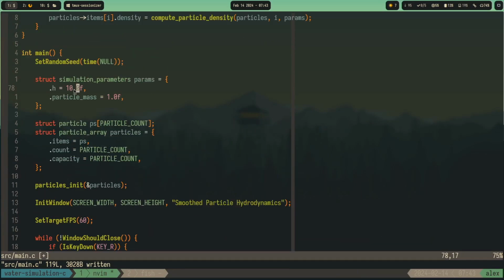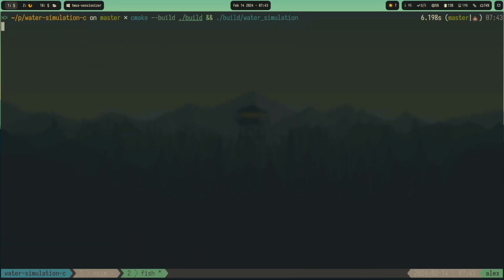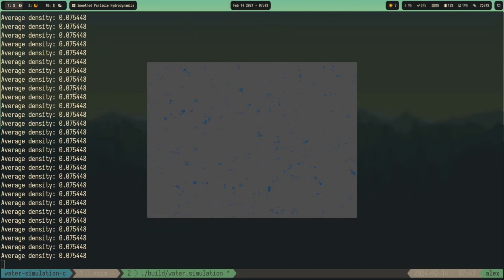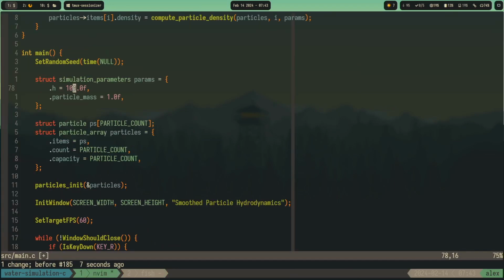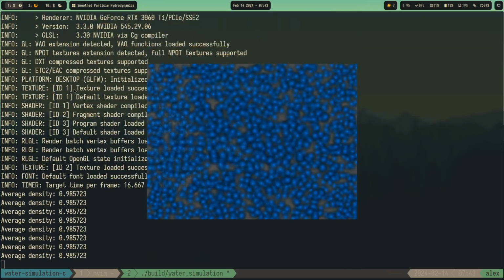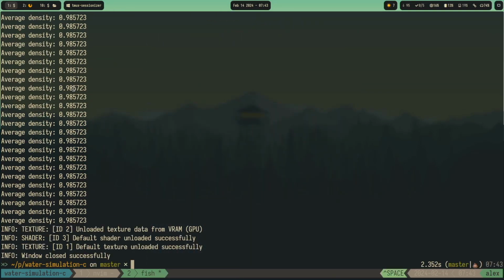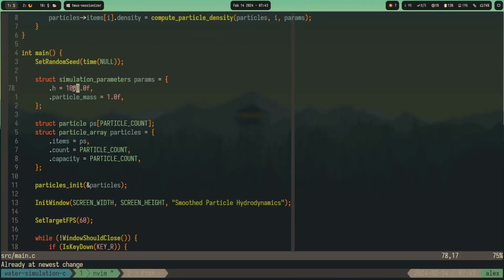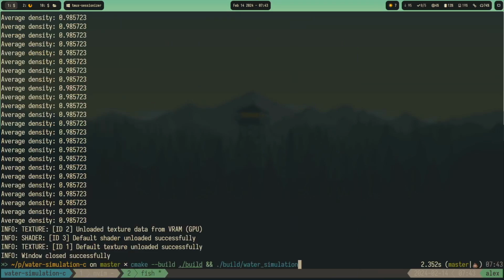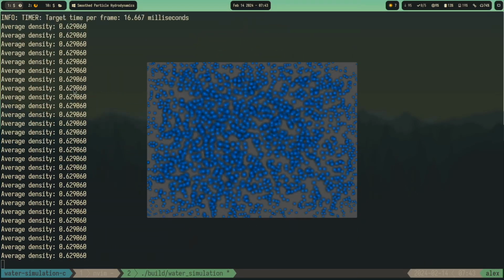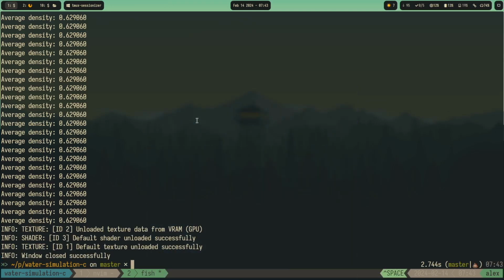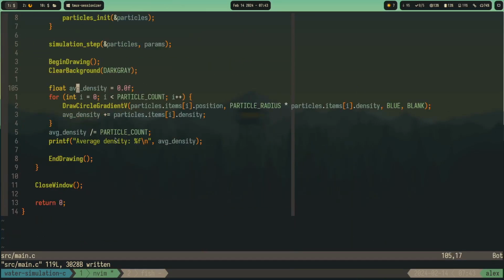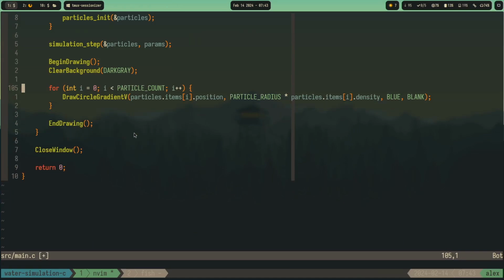If we make this thing 10, then what average density do we get? It's much smaller. Interesting. If we make it 1000, okay, it's really interesting, it doesn't increase over 1 or something. No. Okay, I mean, let's make it 1, the average density, like the target density or rest density.